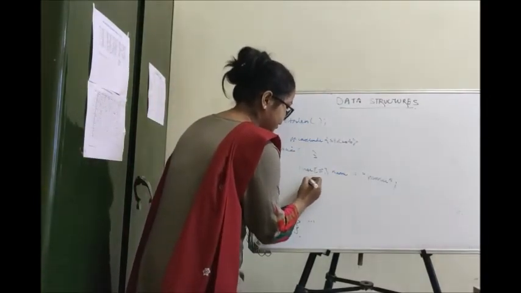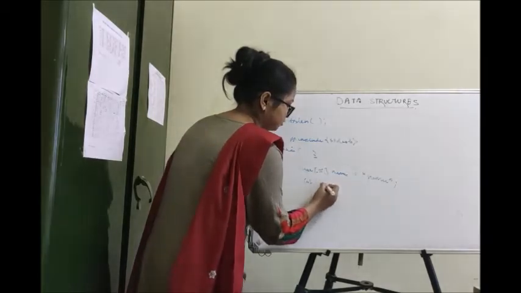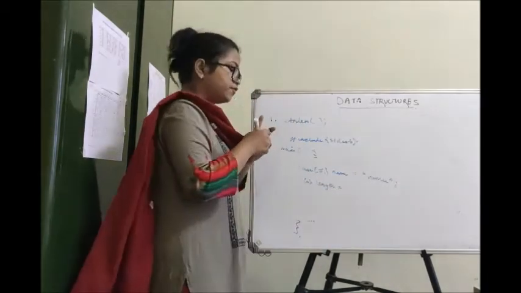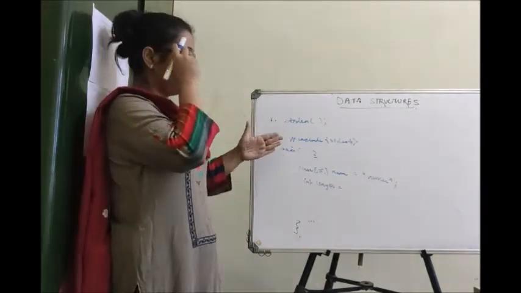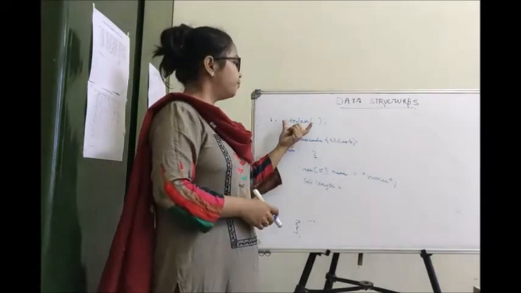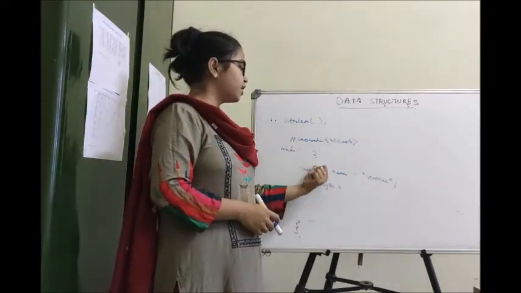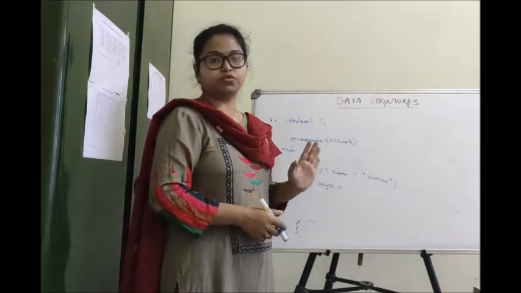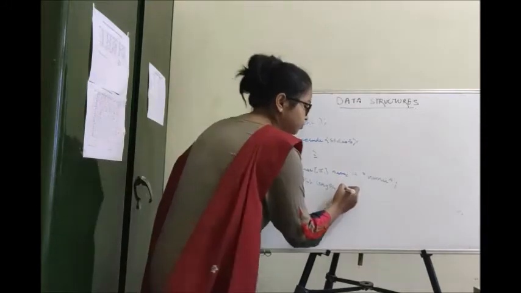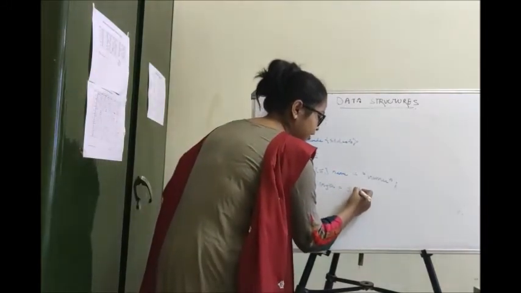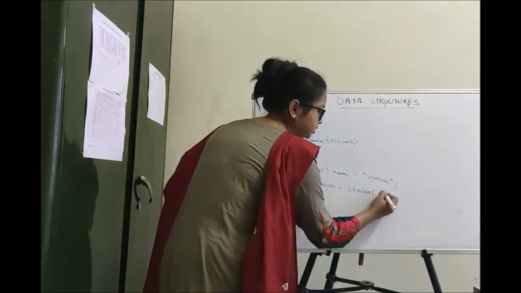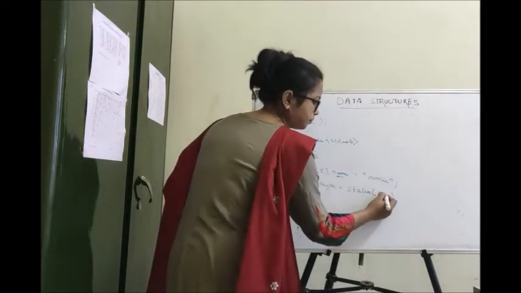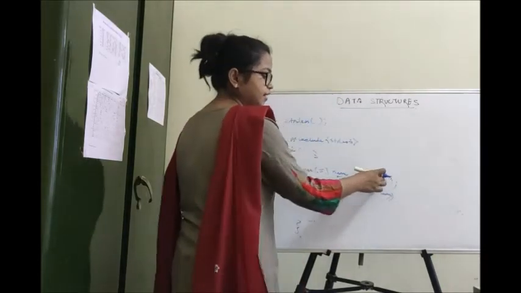So I will say int length is equal to, now all we have to do, trust me, is put the string length function and give the argument of the string whose length we want to find. So strlen, string length. What is the variable of the string? name. So we want to find the length of Ramu.